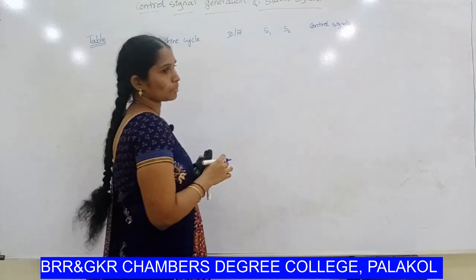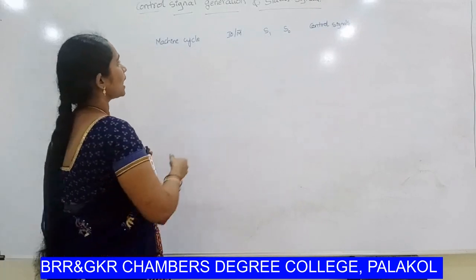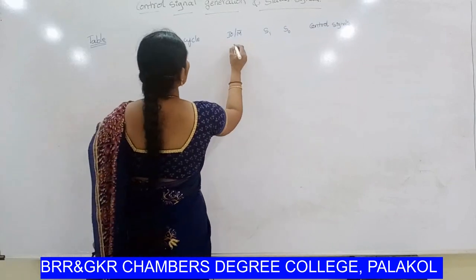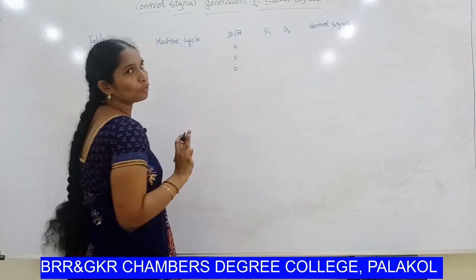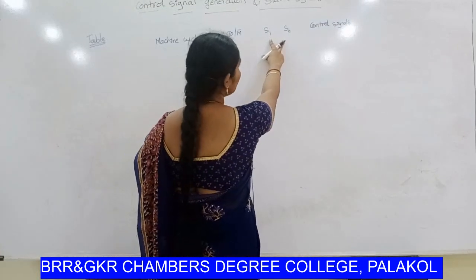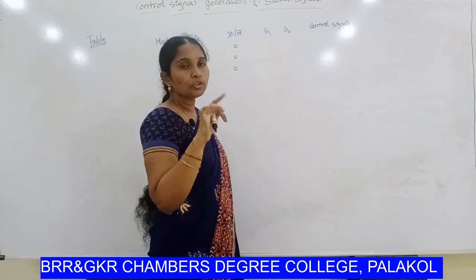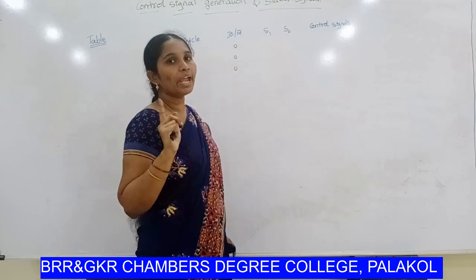Here we already discussed IO by M bar. If IO by M bar is equal to 0, S0 and S1 are the two inputs, so we have to form 4 combinations, but we do not use 0 0, so we use only 0 1, 1 0 and 1 1.